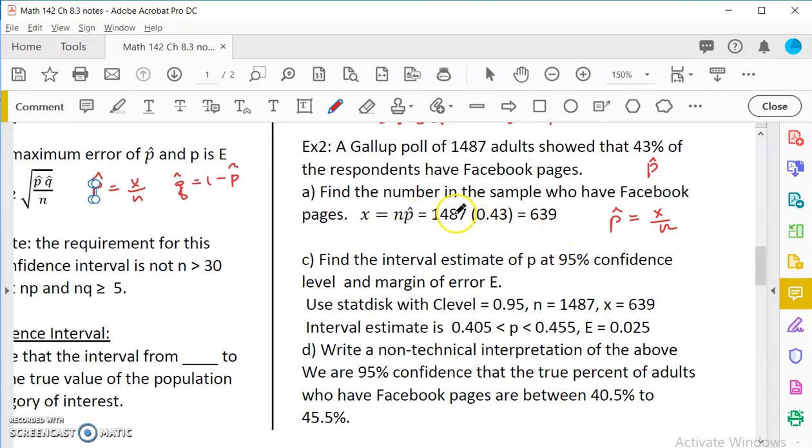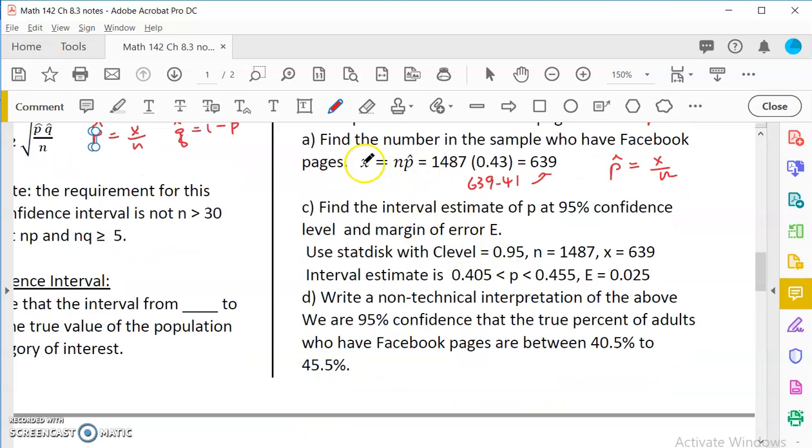So we'll do 1487 times 0.43, and we round it to the whole number. It's 639.41. But these are persons, adults, so we cannot have a decimal number, so we round it to 639.